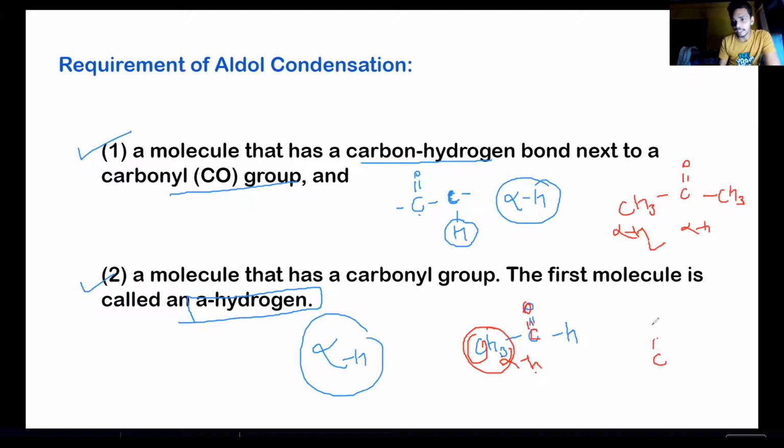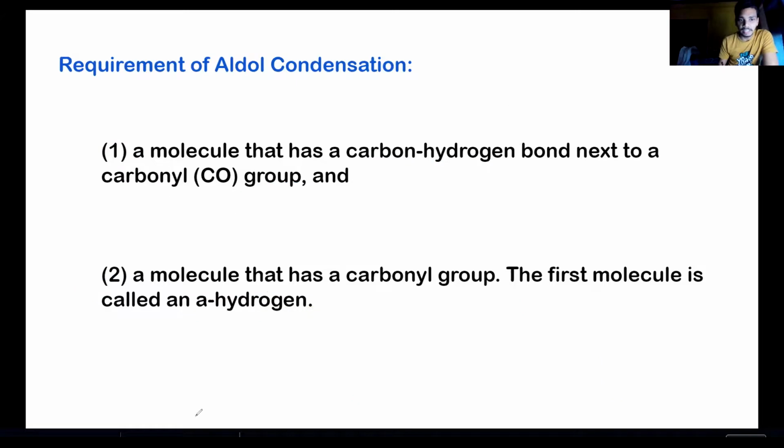But in the case of formaldehyde, the reaction will not occur because there is no alpha hydrogen. What we want is alpha hydrogen, a hydrogen attached to the carbon next to the carbonyl group. Here no such carbon is present, so it does not undergo aldol condensation. So up till now, we have studied the requirement. Now let's study the exact mechanism.